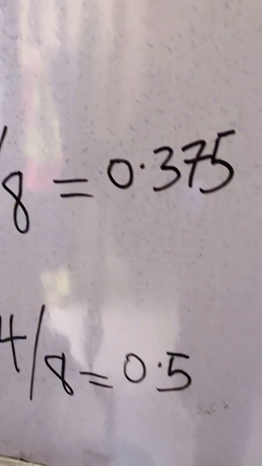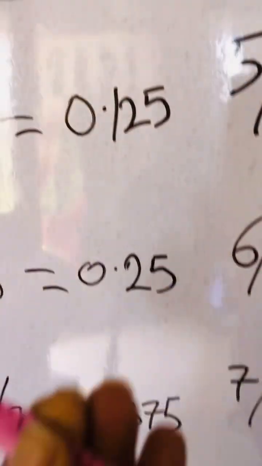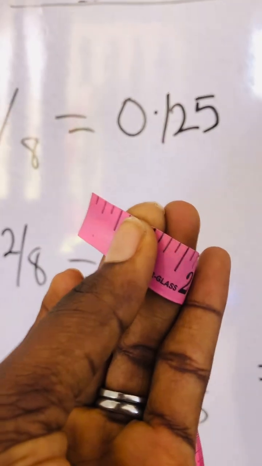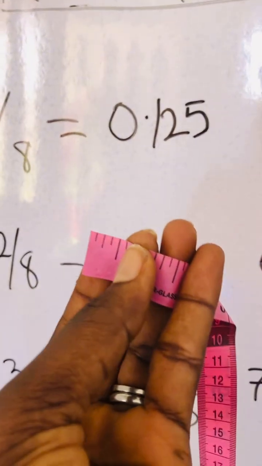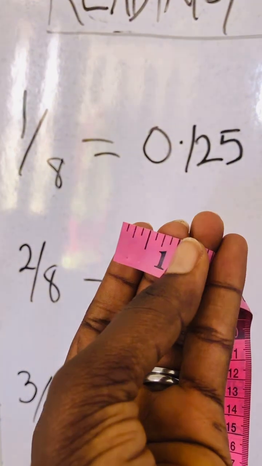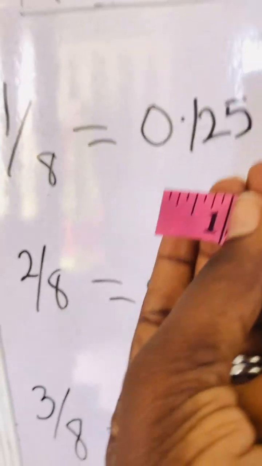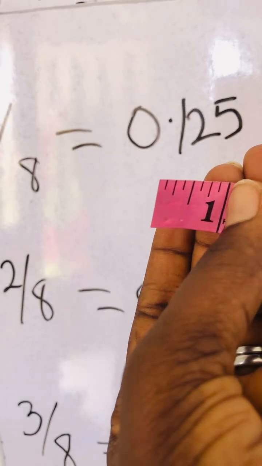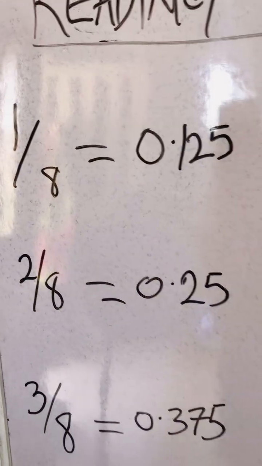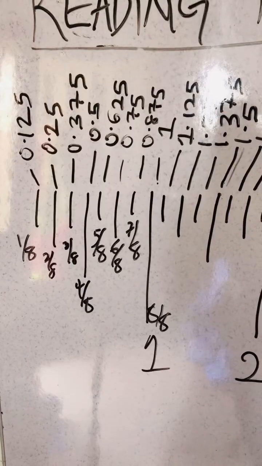That's the ½ inch. 4/8 is 0.5, which is ½ inch. Now we have 5/8, 6/8, 7/8 before we get to 8/8, which is the longest one, which stands for 1 inch. So we have 8 of those lines, and this is very important because you don't just approximate numbers anyhow. You need to know what each of those lines represent.